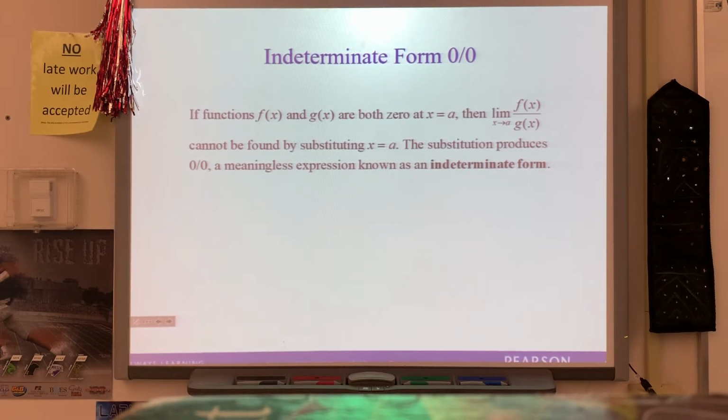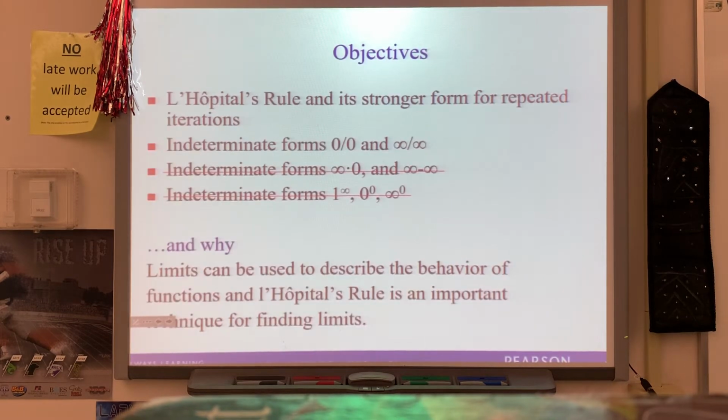There are other indeterminate forms, as you saw in this list of objectives. Oh, and one other thing on these objectives is that you'll notice that two of those bullets are crossed out, and that's because the AP exam will not test you on those other indeterminate forms.